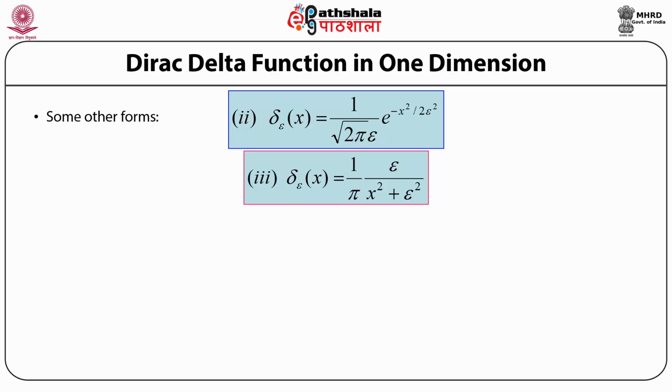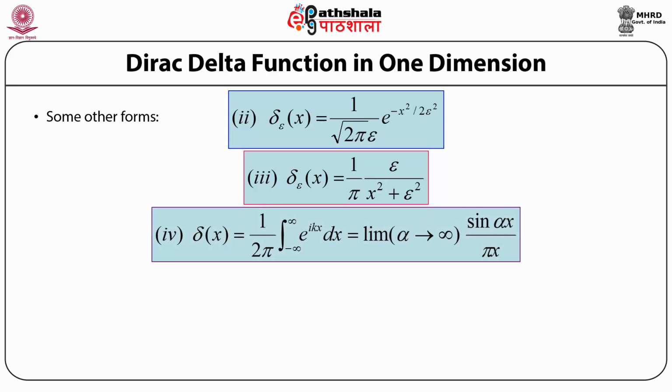Yet another form can be written as delta of x equal to 1 upon 2 pi times the integral over dk of the function e to the power iota k x with limits going from minus infinity to plus infinity. And this can be written as the limit alpha tending to infinity of sine of alpha x upon pi x.